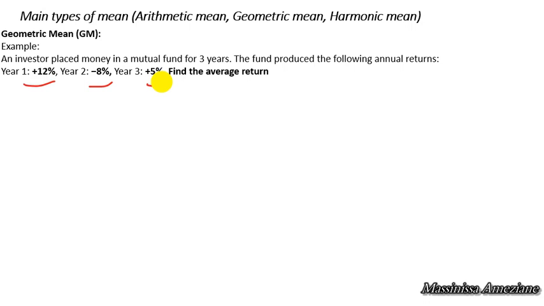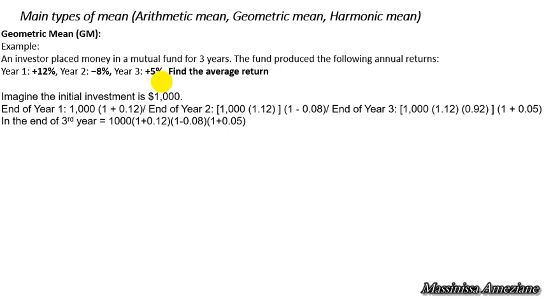Let's find the average, which means the geometric mean here. We cannot use the arithmetic mean. Let's first find the average, then you will see that the average is the same as the geometric mean. Imagine that the initial investment is $1,000.